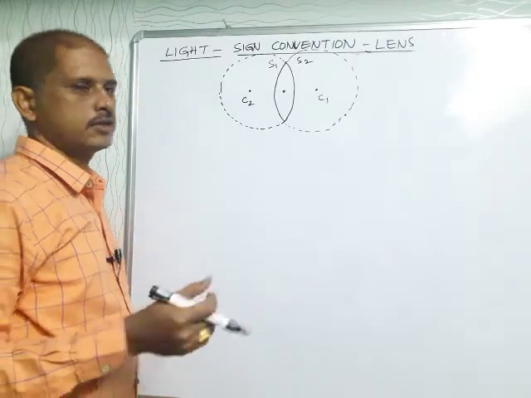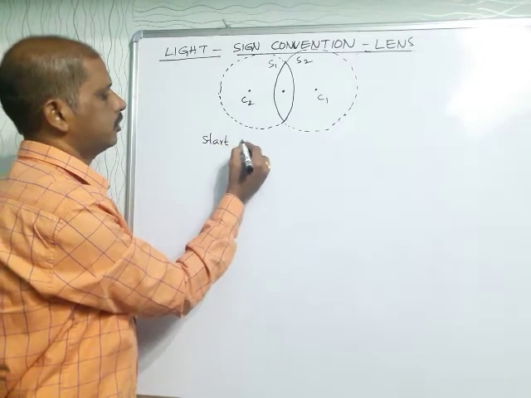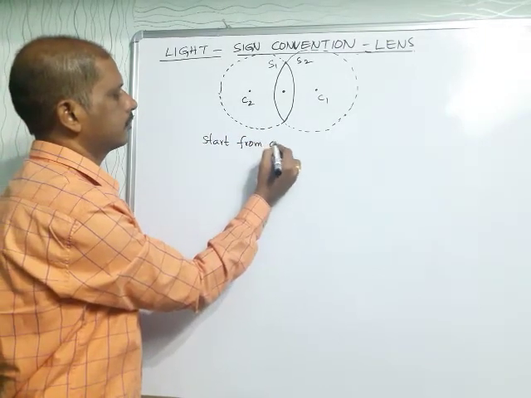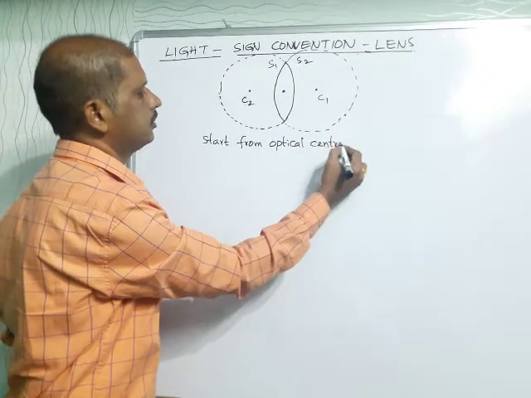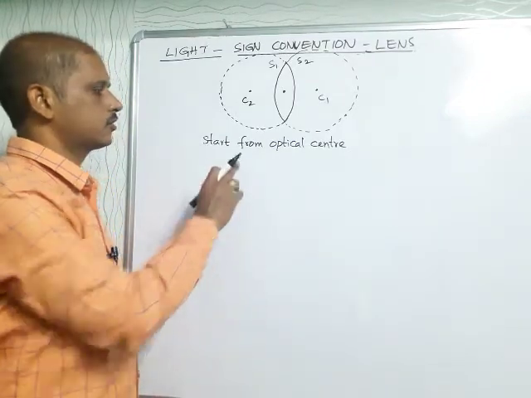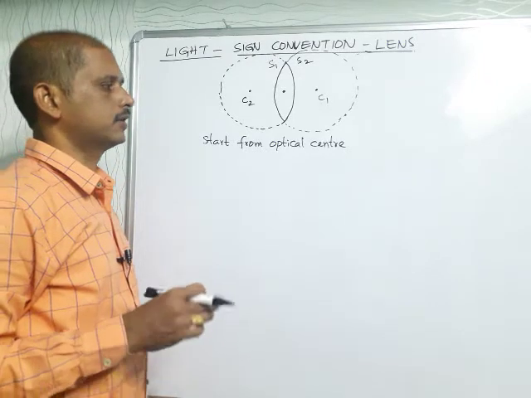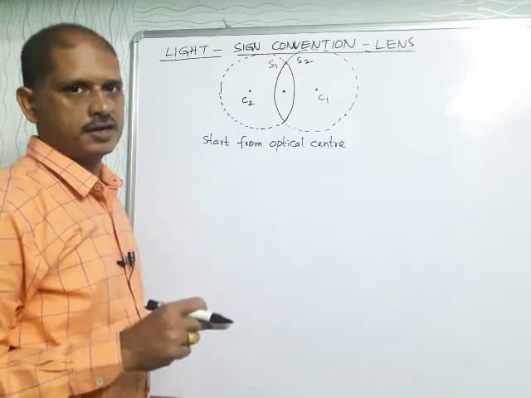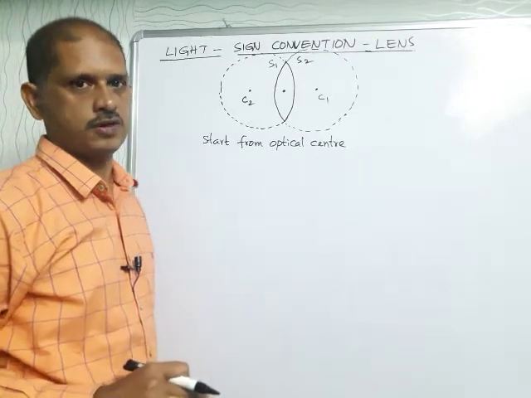First of all, to take the measurements, always you have to start from optical center. Any distance if you want to measure, you have to start from optical center. Another point you have to follow, that in which direction the incident rays are incidented, that direction should be considered as positive direction.